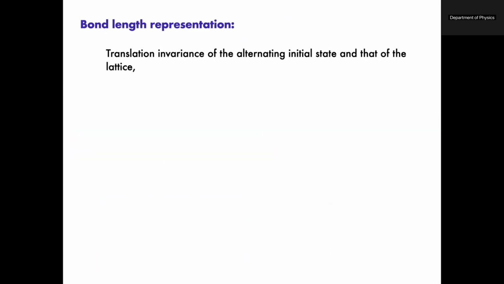So what do I mean by a translation invariant initial state? For example, an alternating state would be a translation invariant state.